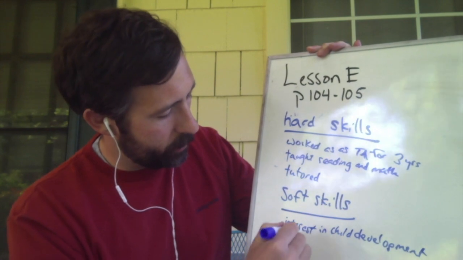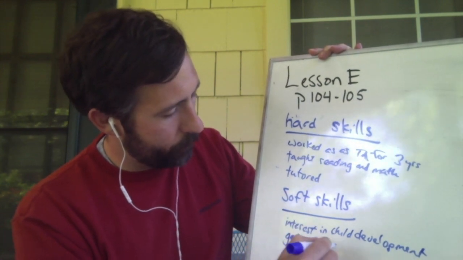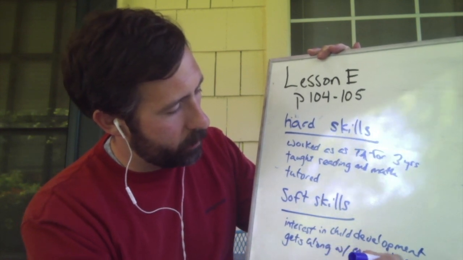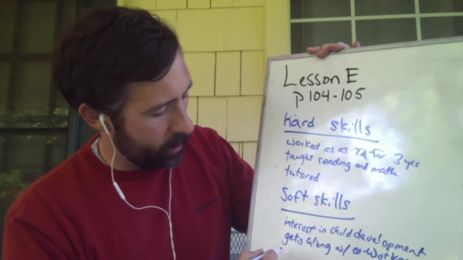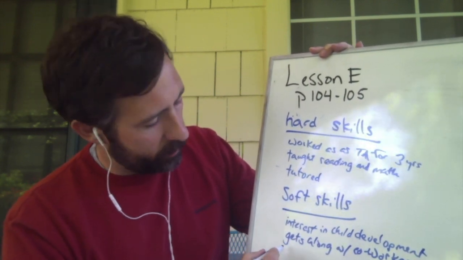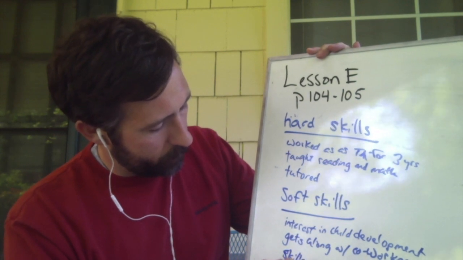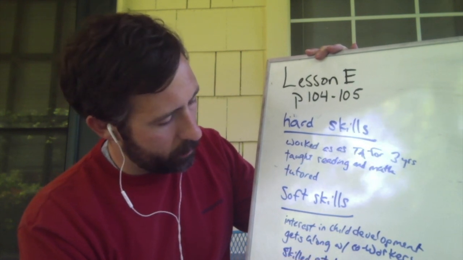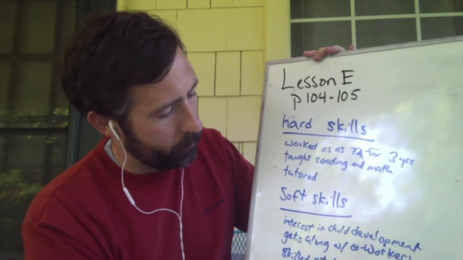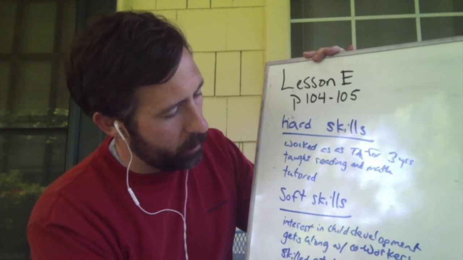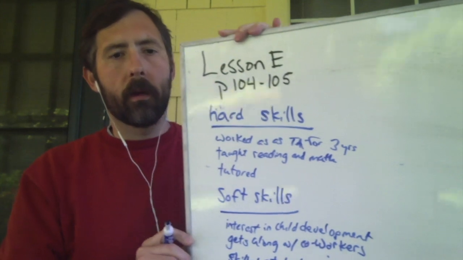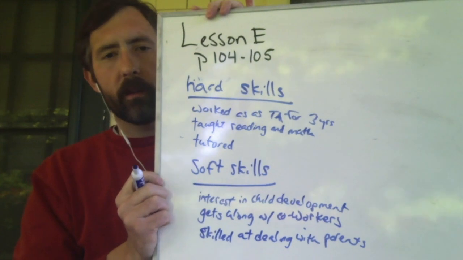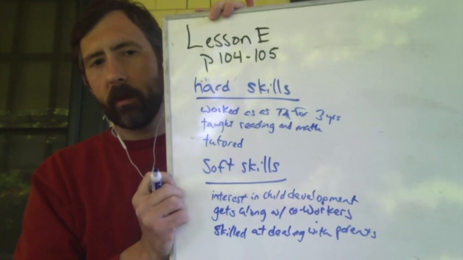She gets along with co-workers, and she's skilled at dealing with parents. You can read my handwriting, but you can always look back in the book. This is just to give you an idea to see how we broke those two things apart, right?